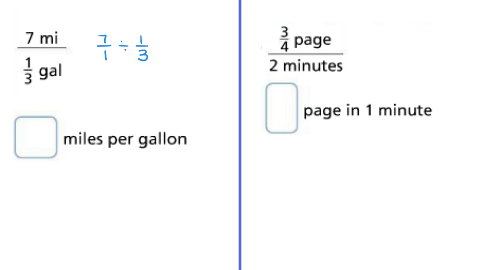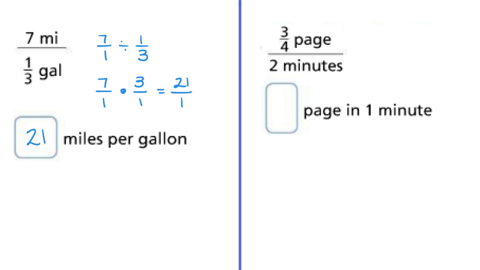Very good. It's 21/1. How do you know? Cross multiply. Okay. Or for those at home that are doing the keep, change, flip, they would write that, and they would have 21/1. Very good. So they end up having 21 miles per gallon.